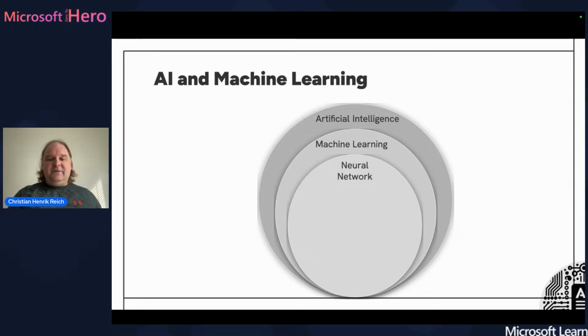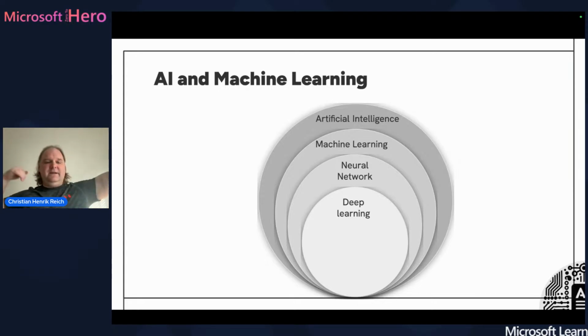Then we have the neural network. It's the simplest, what can we say, simulation of a brain. So we have some neurons and they're built in a network, and yeah, it's a small scale of deep learning. Deep learning is where we have a lot of layers of neurons and a lot of inputs and a lot of outputs.